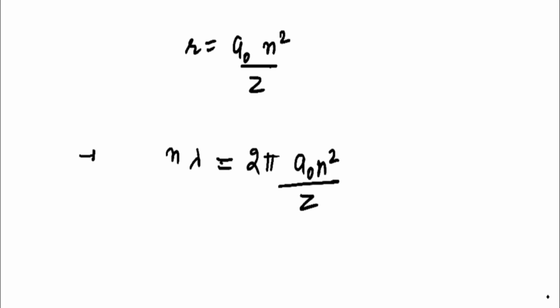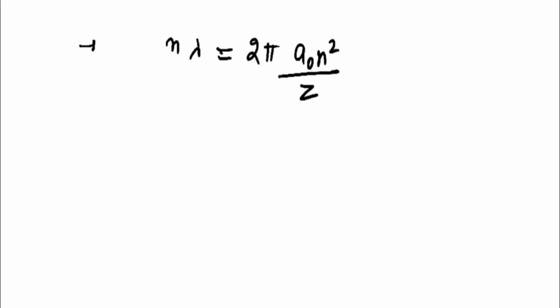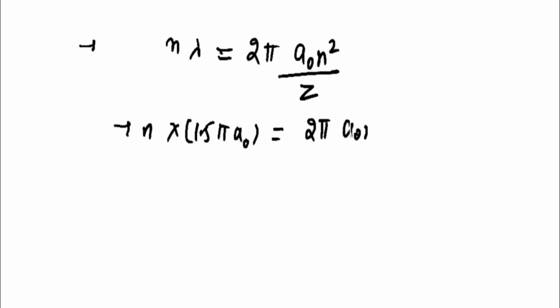Here the lambda value is 1.5 pi a naught, which gives n into 1.5 pi a naught equal to 2 pi a naught n square by z.